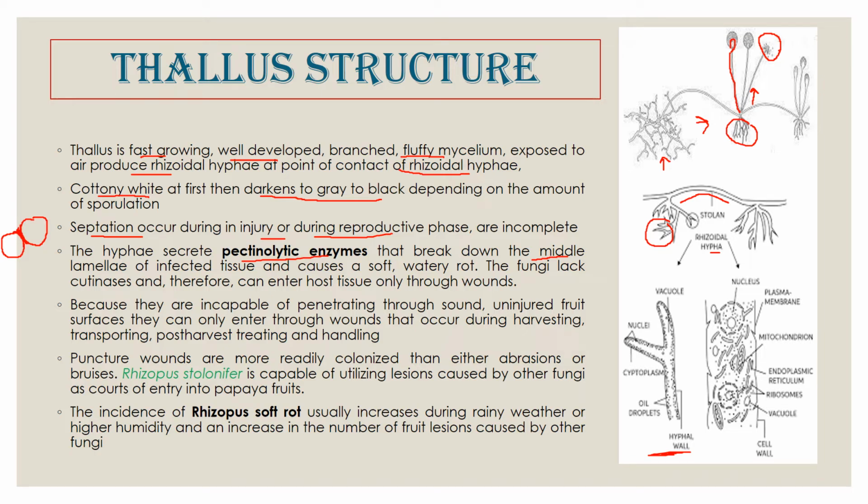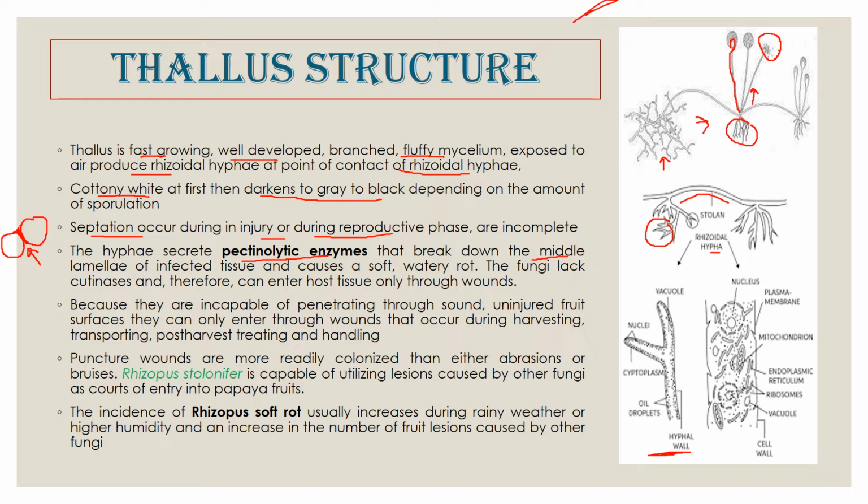The middle lamella helps in the attachment of one cell to another, and this Rhizopus attacks and breaks down the middle lamella, and thus it helps in moving intercellularly inside the soft tissue of the fruit. It grows inside the soft tissue of the fruit by attacking the middle lamella, clearing the space and using that space for conquering inside.